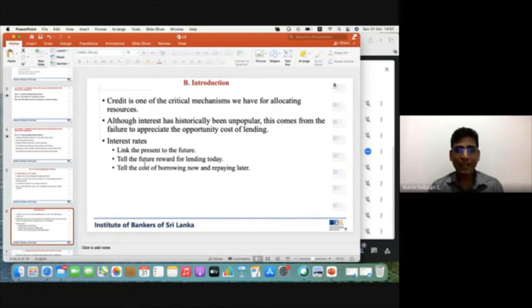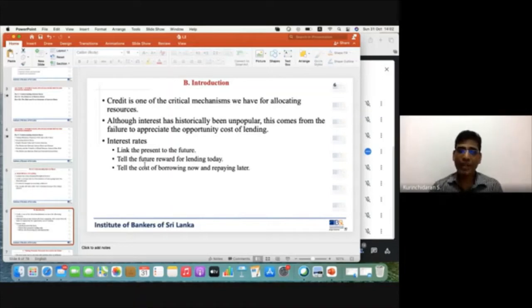And on the other hand, okay, if I'm a lender, I should be able to understand what will be my future rewards, right? One is you are going to link the present value to the future value. Second, you should be able to understand the future reward of mine by lending it today. And the third, from the borrower's point of view, the deficit unit: if I'm going to borrow today and I have to pay it later, what would be my cost?